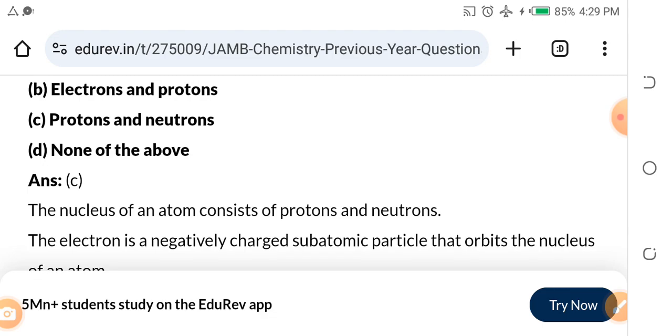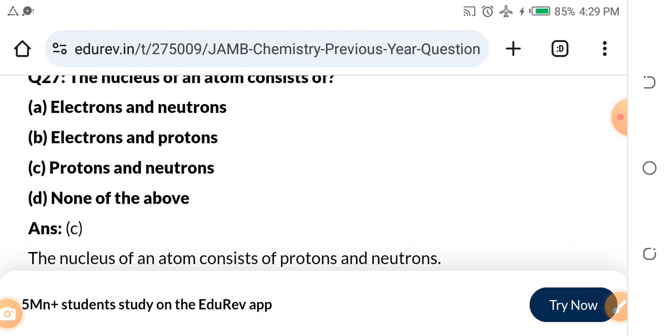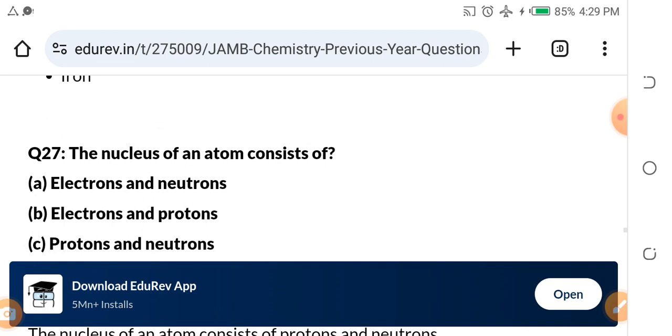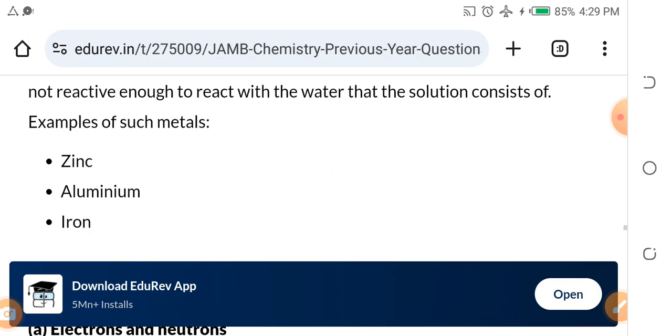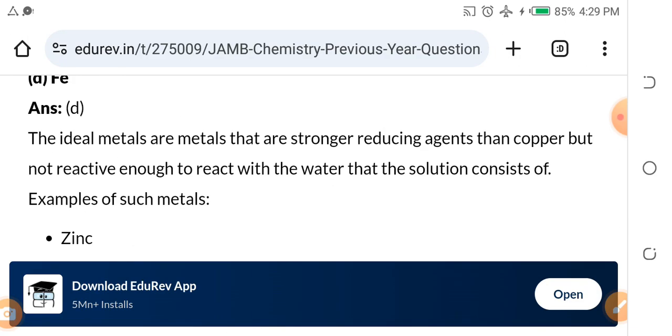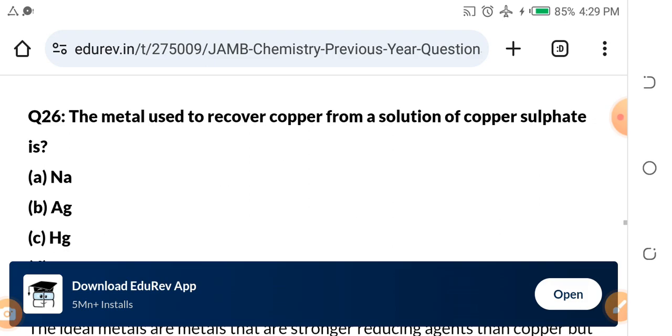But what makes up the nucleus are two particles, protons and neutrons. So the answer is what? The answer is C. Remember the question. The nucleus of an atom consists of what? Protons and neutrons. I want you to note this one. Do not forget it. Okay?